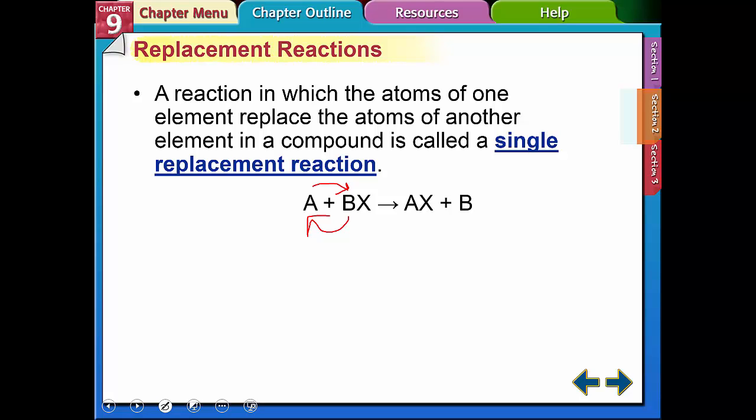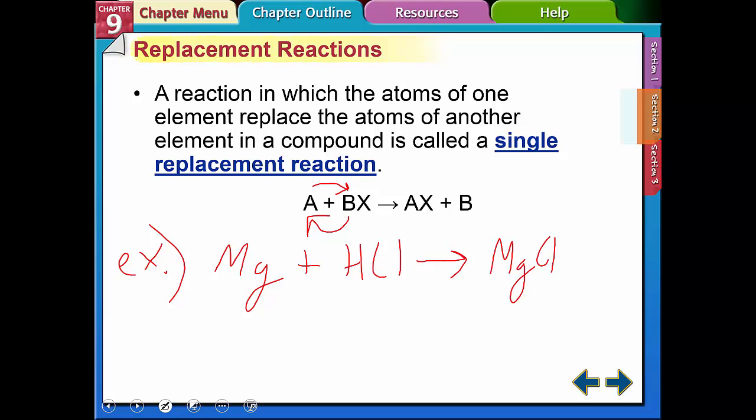So an example of that is the reaction we did in the lab. Okay, remember we reacted a magnesium ribbon with hydrochloric acid, and we produced magnesium chloride, solid product at the bottom of your evaporating dish, and we produced hydrogen gas.